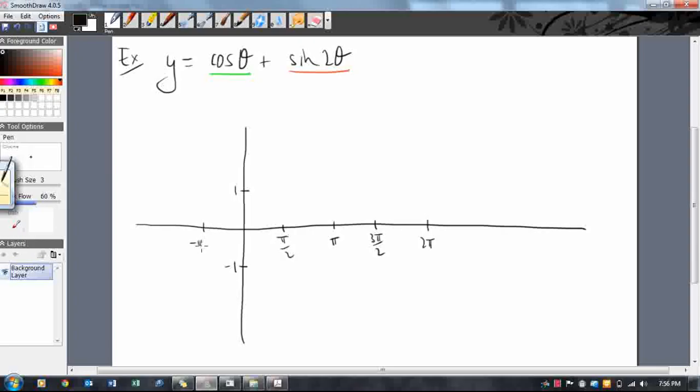Just do -pi on 2 and -pi out this way. So what do we got? Brain's a bit tired. Sorry. That's 4 pi on 2, 5 pi on 2, 6 pi on 2. Yeah, that's right. Etc. That'll do.